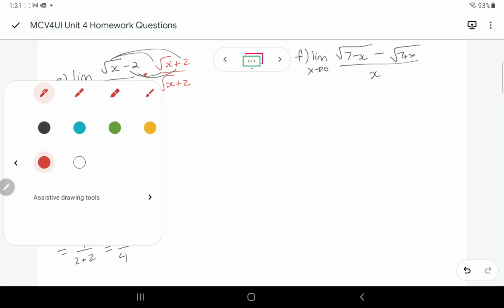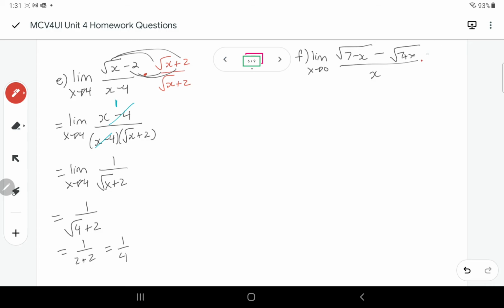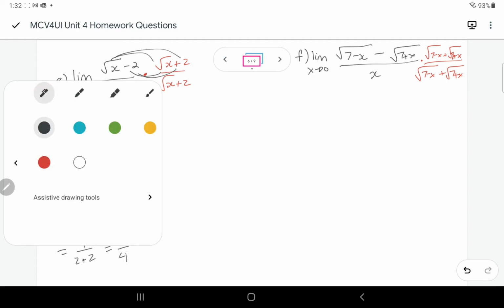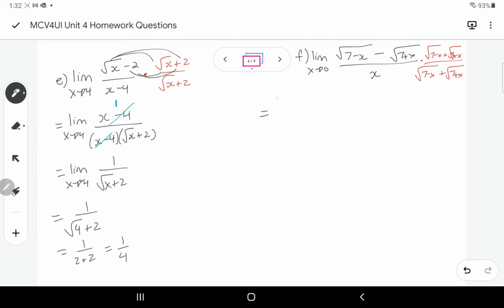So then the next one, same idea. We're going to conjugate this. So 7 minus x plus root 7 plus x. And that's a lot of sign changes in there. I'm not surprised that could mix people up. So here we're going to have root 7 minus x times root 7 minus x.